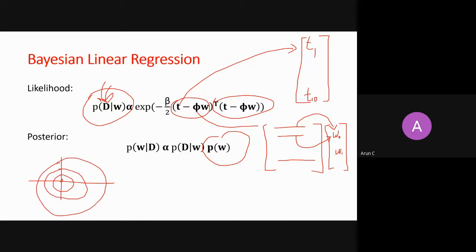So it's a bivariate Gaussian and the mean is 0 and the covariance matrix is the identity matrix, and how scattered it is, is decided by alpha, where alpha is a precision parameter, a hyperparameter. So if I say alpha is 100, then it is more concentrated towards the center. If alpha is 10, it means, because alpha is inversely proportional to variance.